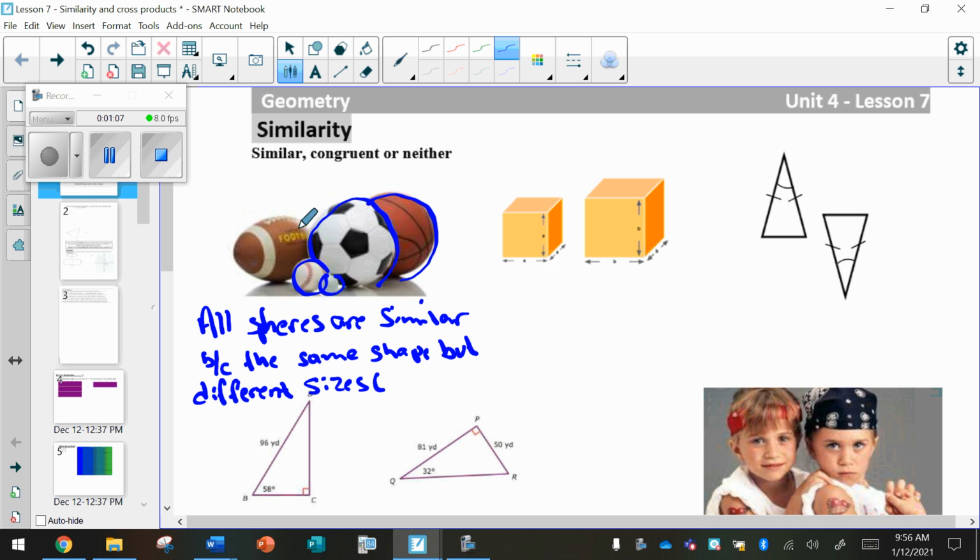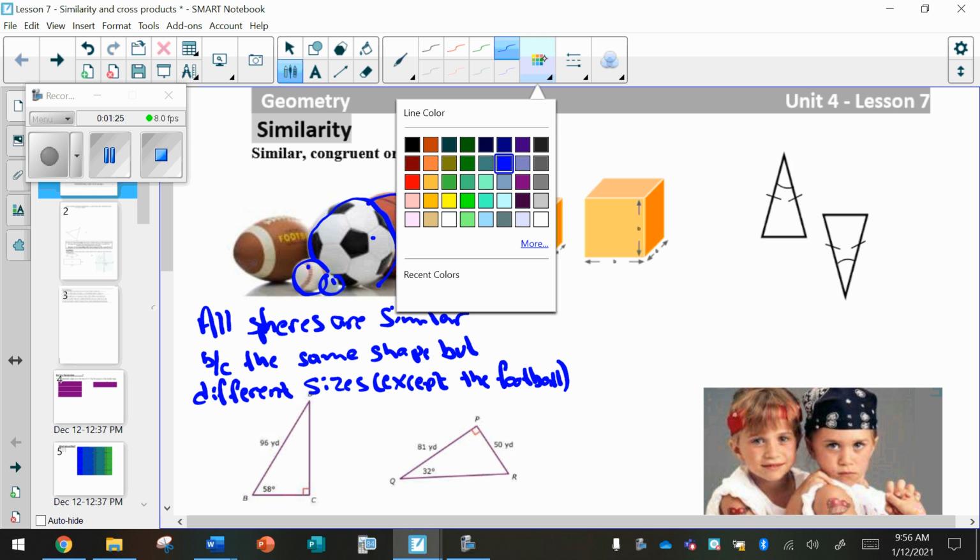The exception to this is the football, because in the picture it is not a sphere, so it is not similar. So other than the football, all of those spheres are similar to each other.